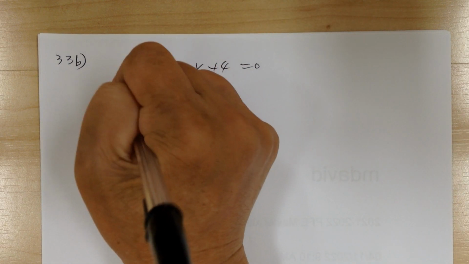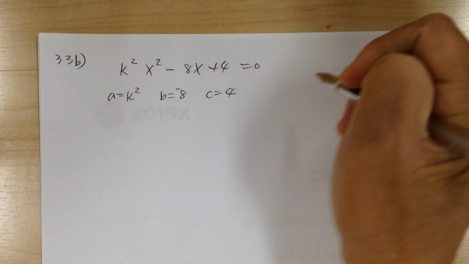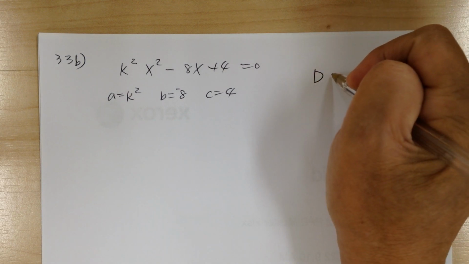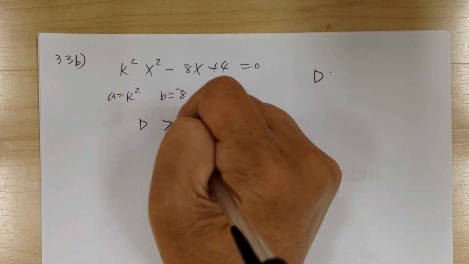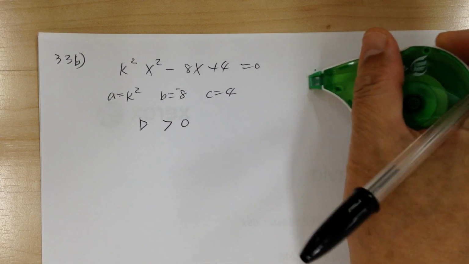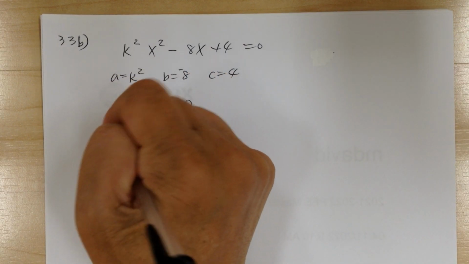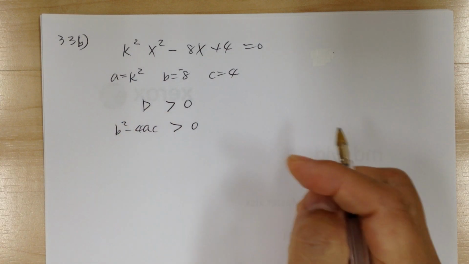So again, a equal to k squared, b equal to negative 8, c equal to 4. So for B, you're going to get two real roots. That means d has to be greater than 0 to get the two real roots. And d equal to b squared minus 4ac.